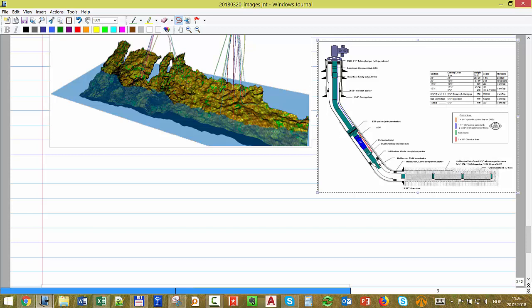The ESP cannot run on a deviated or horizontal section; you have to have it vertical because of the bearings. If it is vertical, you have no load on the radial bearings. But if it is horizontal, you have a lot of load: all the weight of all of these stages is on that bearing, and they get damaged very quickly.